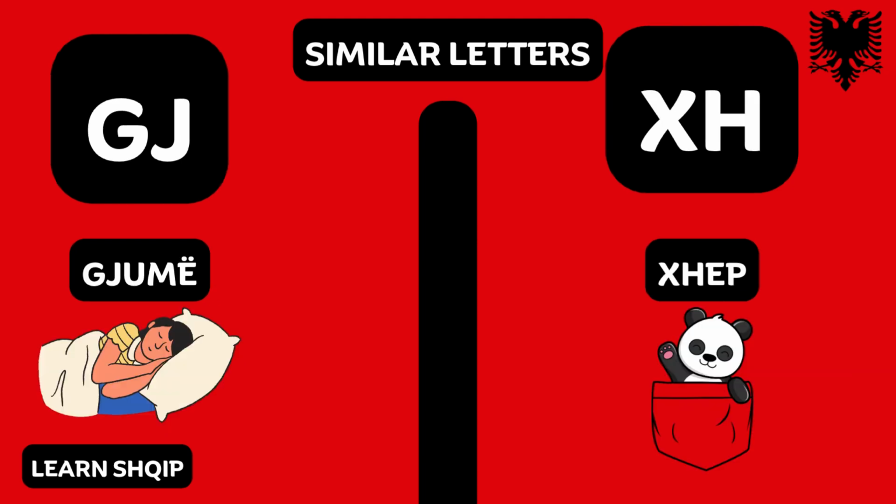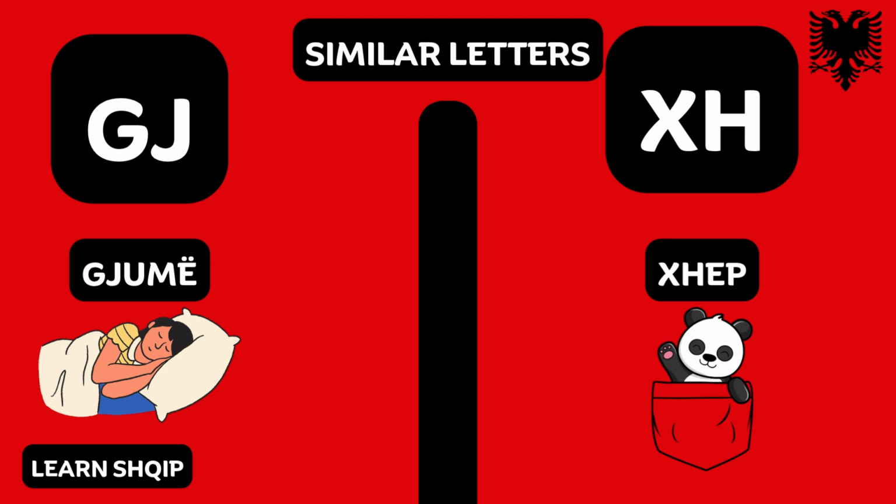And then let's see two more letters, letter G plus J and X plus H. Even these two letters are very, very similar. The G plus J, you are going to pronounce it this way: gj. For example, sleep in Albanian, you can say gjum.